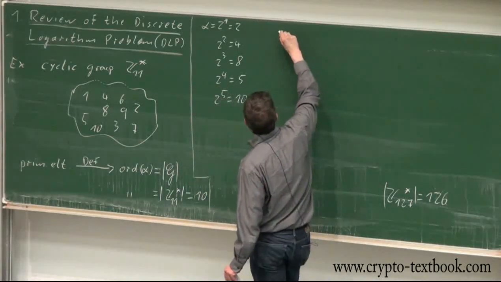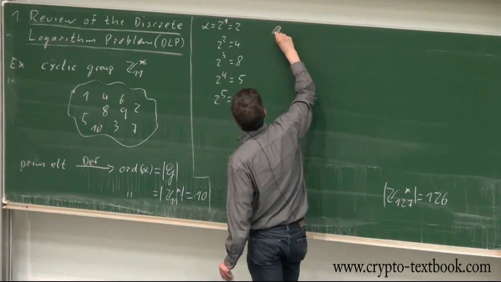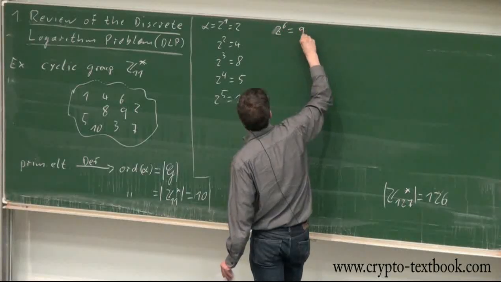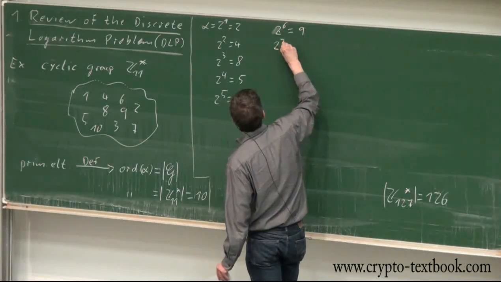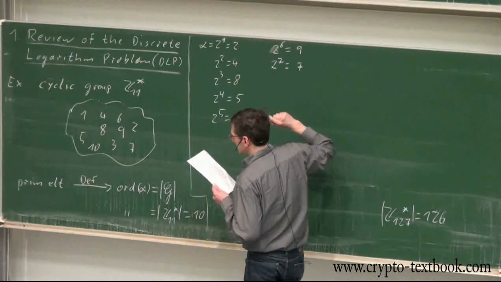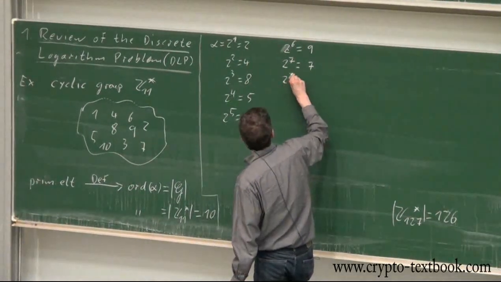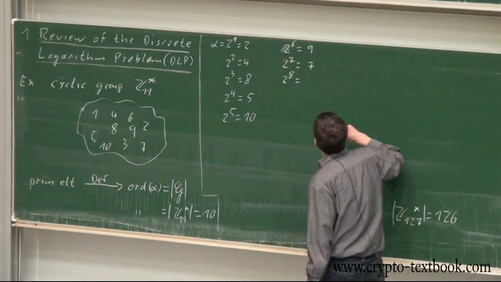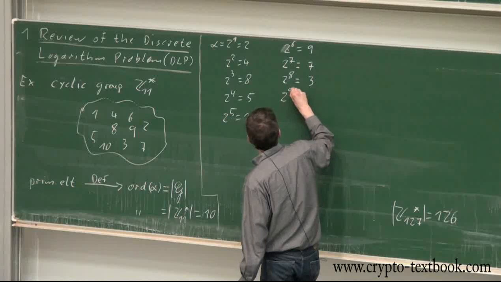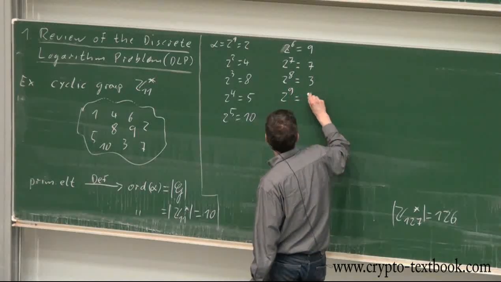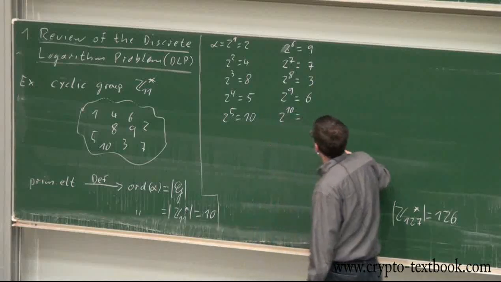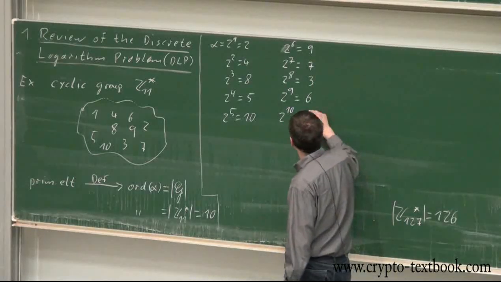I continue here. 2 to the 6th is 20, which is 9. 2 to the 7th is 18, modulo 11 is 7. 2 to the 8th is 14, modulo 11 is 3. 2 to the 9th is 6. 2 to the 10th is 12, modulo 11 is 1.